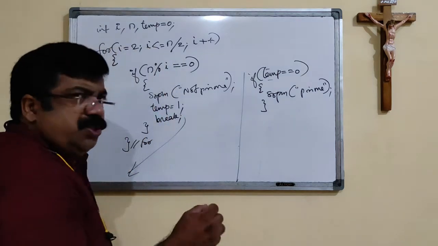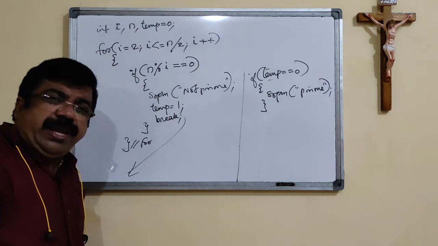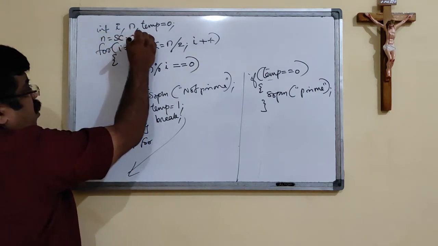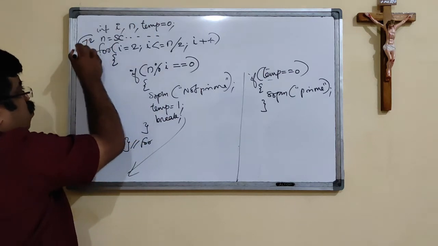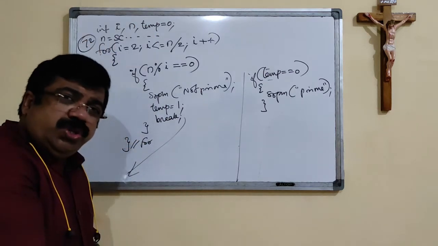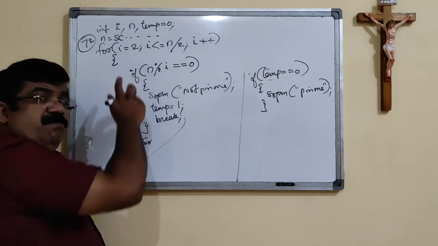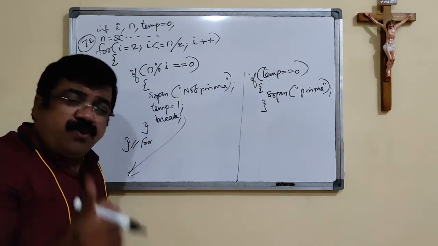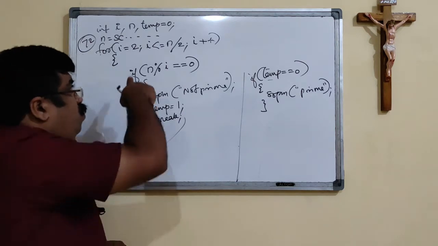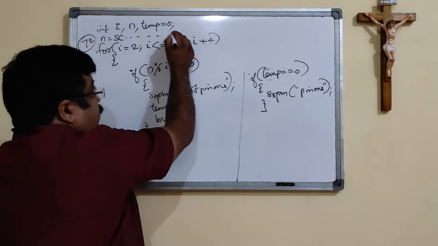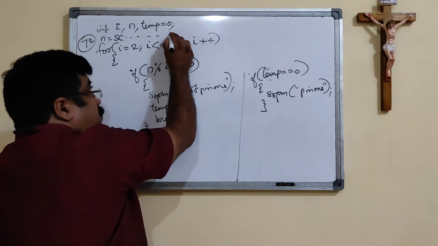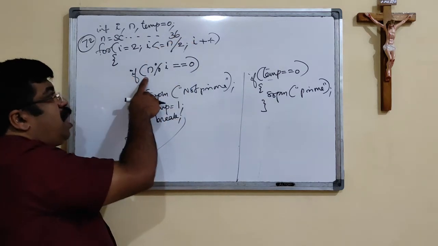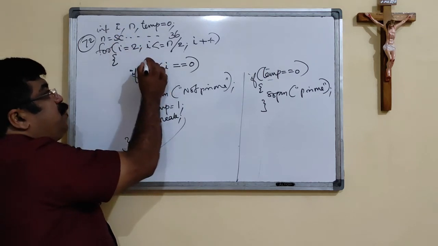Okay. Same example, 72 you take. n is equal to sc.nextInt. 72 is given by the user. Starting from 2, I told the reason: 1 is a factor for every number, so we have to start from 2. 72 divided by 2 is 36. n modulus i, what is n? 72.